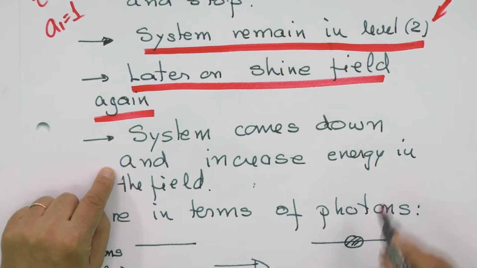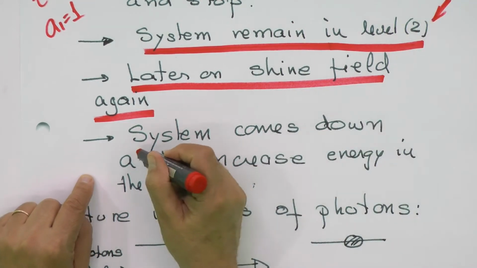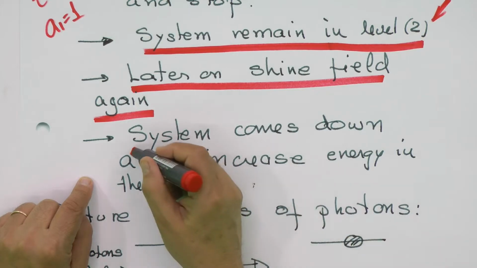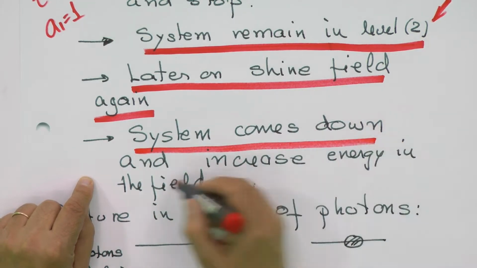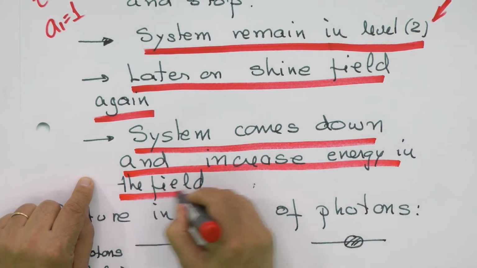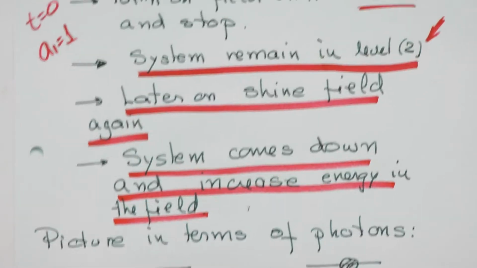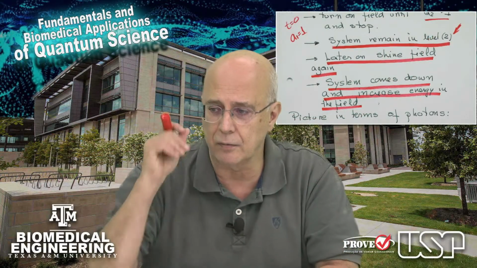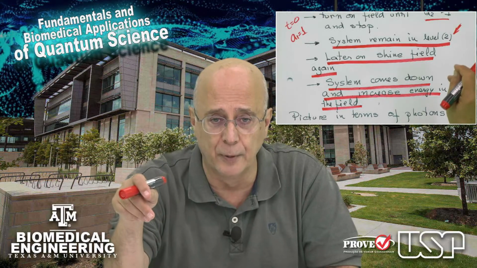What's going to happen is you start in level 2, now the system comes down and increases the energy of the field. I explained that to you. But what I did not explain to you is that the system remains however you leave it.